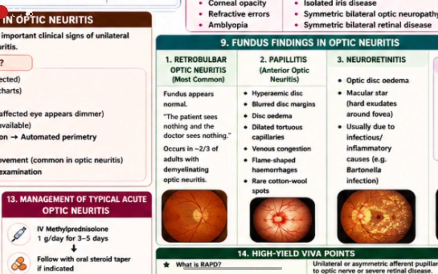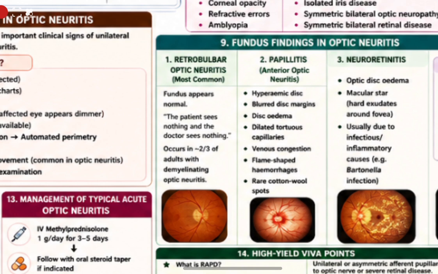These are usually associated with infectious or inflammatory disorders such as Bartonella infection rather than multiple sclerosis. Lastly, we can find temporal optic disc pallor or diffuse optic atrophy. This indicates previous axonal loss rather than existing active inflammation.